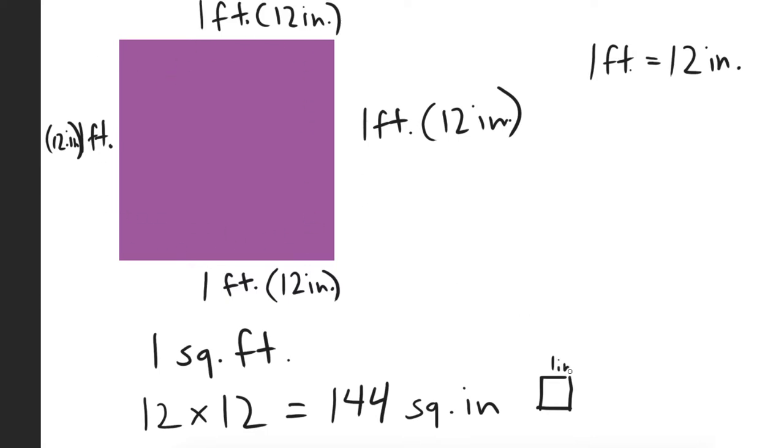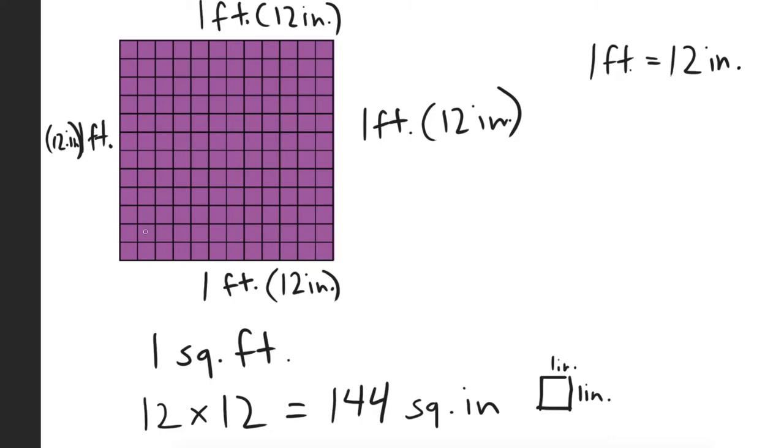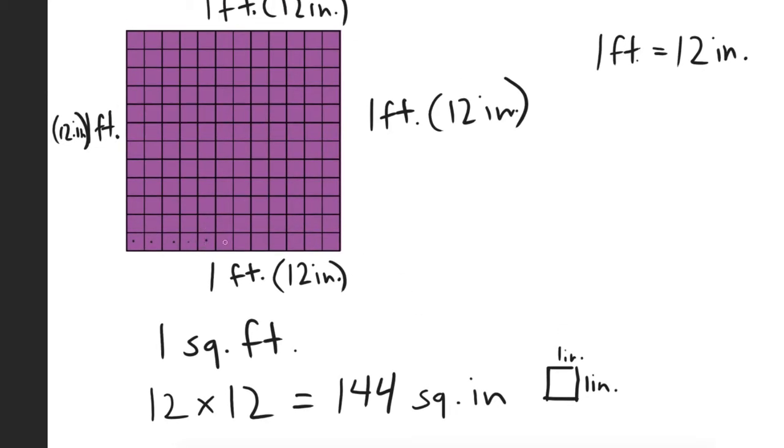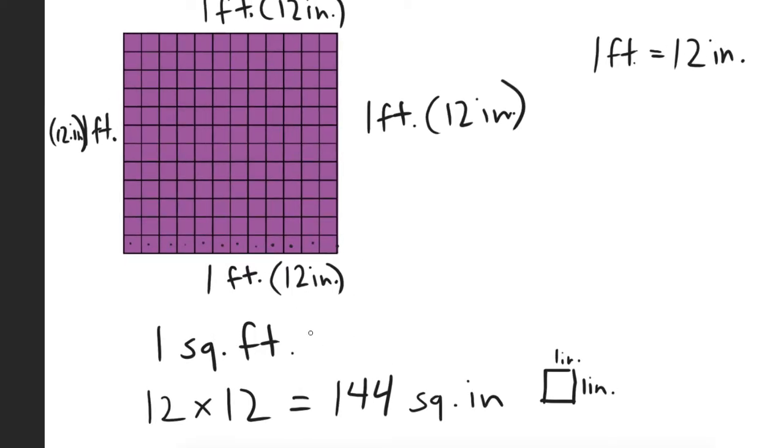Okay, I can show you a grid here to show just that. Would it make sense for me to say it is 12 square inches? Because this bottom row here is 12 square inches. Is that enough to fill up my entire square here? Of course not, right? So one thing you need to keep in mind is that 1 square foot equals 144 square inches.